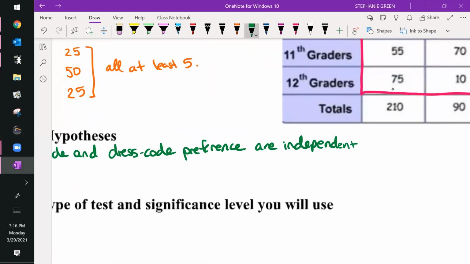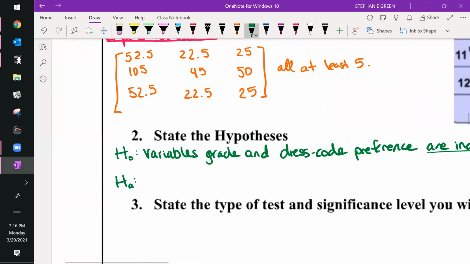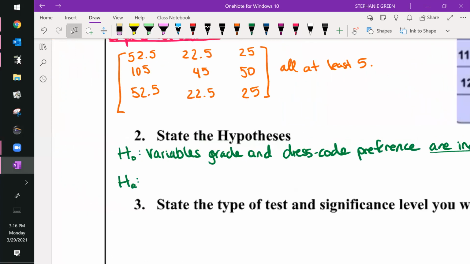So name your two variables and say they are independent, which also we could say would mean that they are not associated. Remember, same thing. Are independent means not associated. Not associated means independent. So you can say it either way. And an alternative hypothesis would be the opposite.